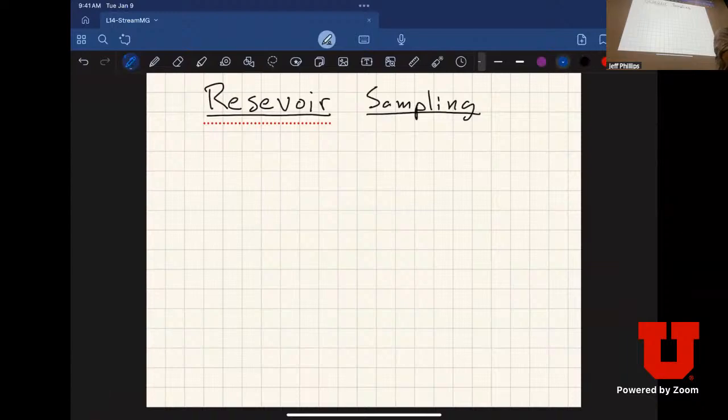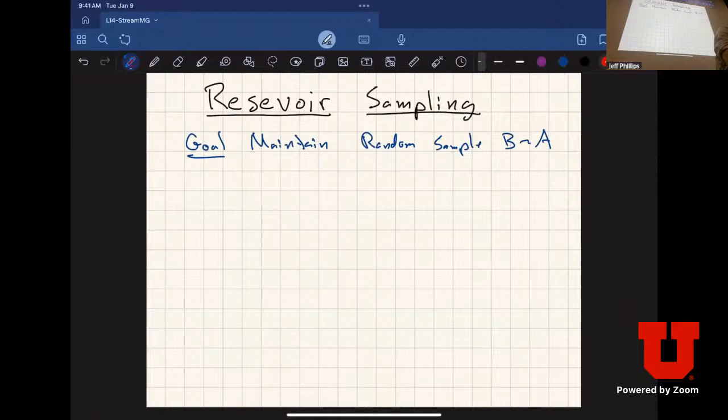So the goal here is to maintain a random sample B from A, where A is the stream A_1, A_2 up to A_N. Okay, so I want to maintain a random sample, maybe a random sample of size K. Let's say the size of B is equal to K, and I want to maintain a random sample.